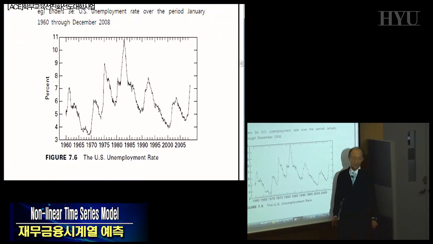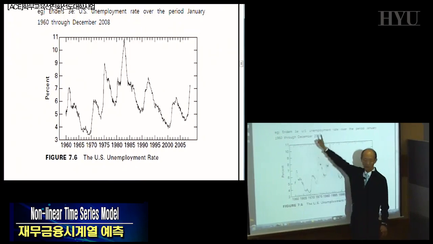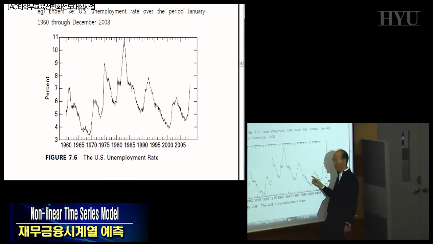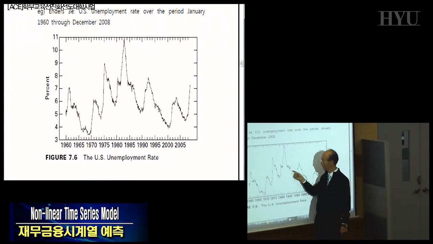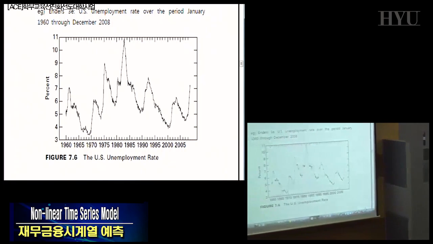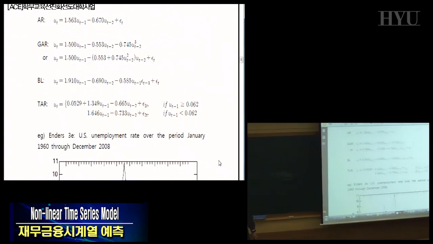If it is non-stationary, what Rothman did is find some smooth trend like this one and calculate the deviation from that trend. That's U_t.